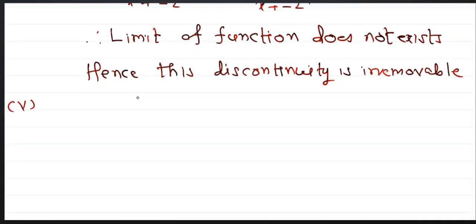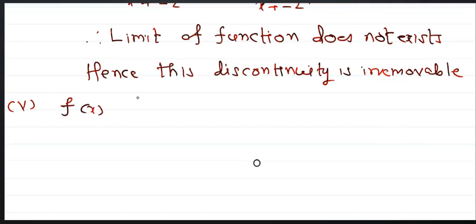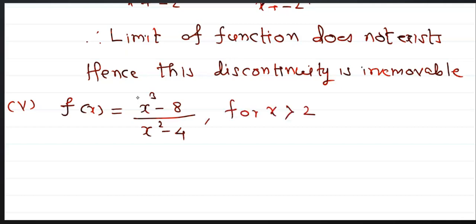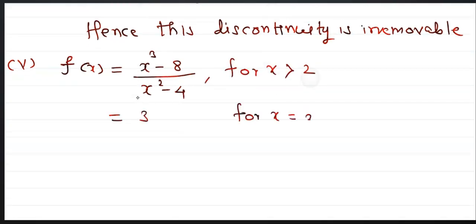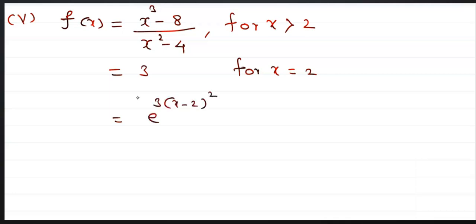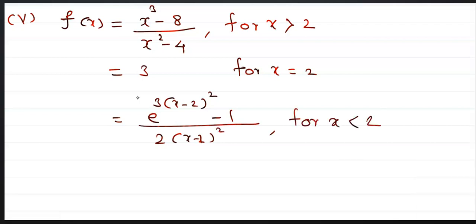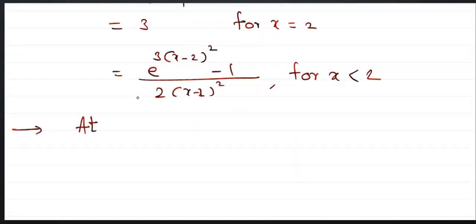Now next. f of x is equals to x raised to 3 minus 8 upon x square minus 4 for x is greater than 2, is equals to 3 for x is equals to 2, and is equals to e raised to 3 in bracket x minus 2 bracket square minus 1 upon 2 in bracket x minus 2 bracket square for x is less than 2.